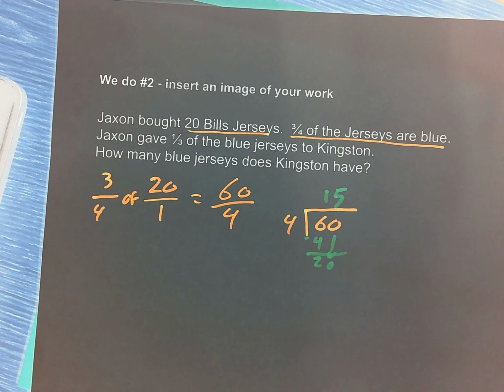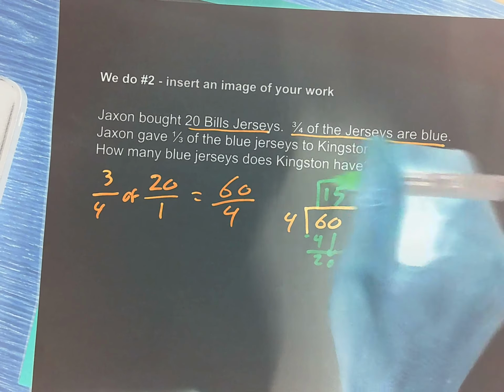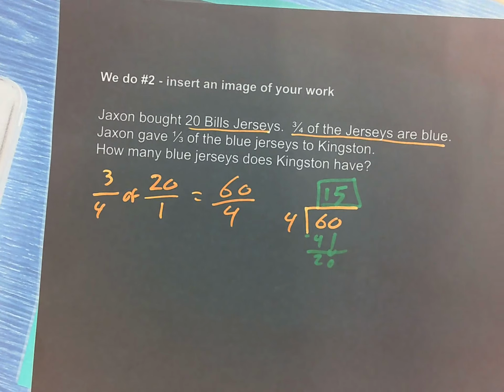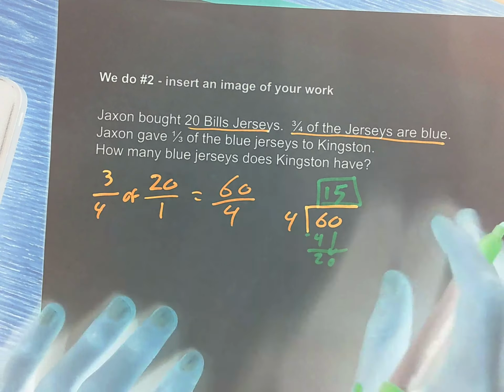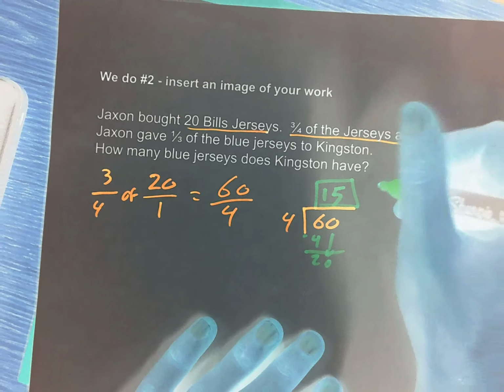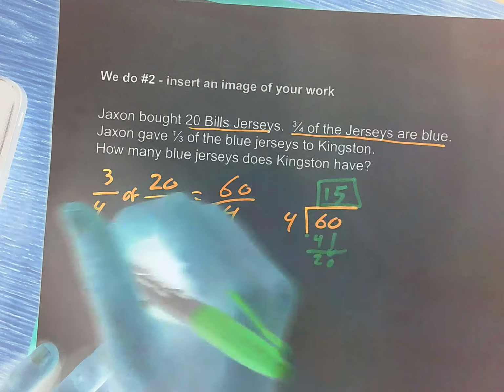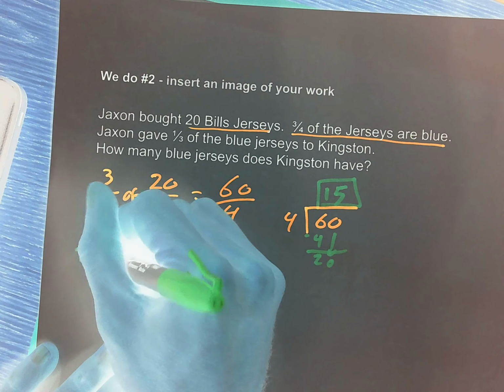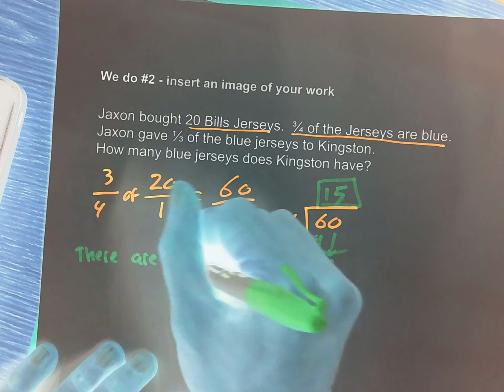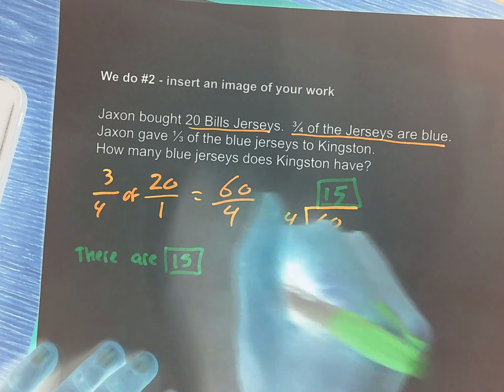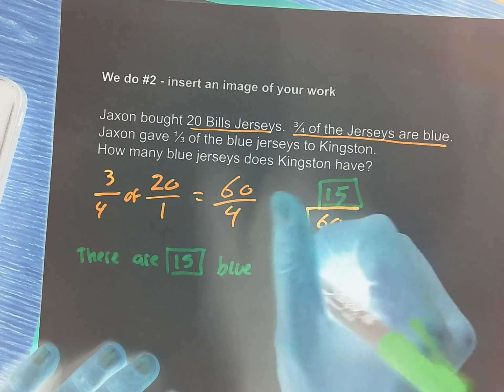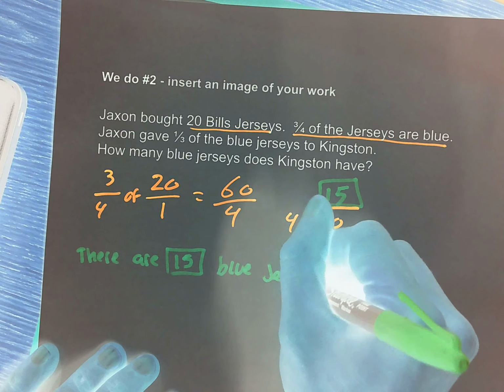Once we've solved that, we now know that there are 15 blue jerseys. Let's go ahead and write that down. There are 15 blue jerseys.